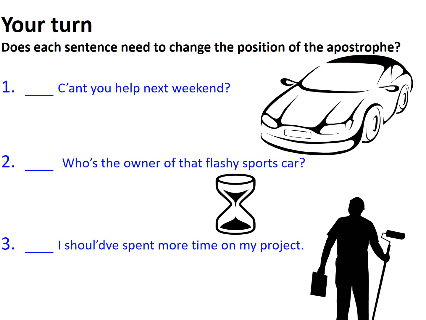However, the apostrophe does not belong after the C. So this does need the position of the apostrophe to change. It should instead read can't, spelt C-A-N apostrophe T. That's because we're contracting the words cannot. Can't you help next weekend should therefore be corrected, as you can see in green below.